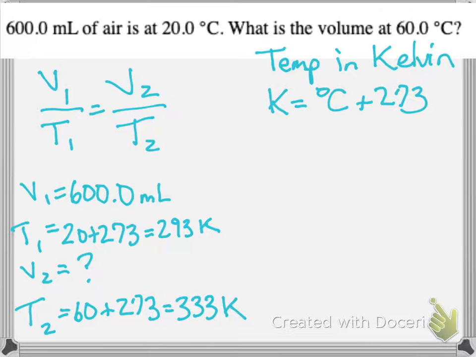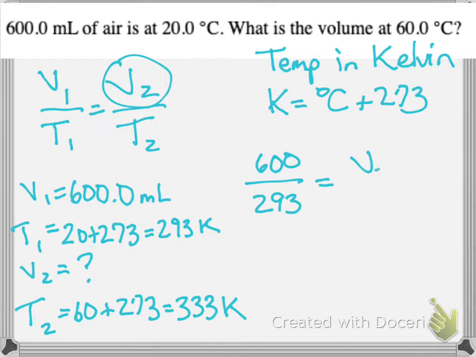And if we have a proportion here, two fractions, we're going to have to cross multiply to solve for whatever the unknown variable is. In this case, we're solving for V2. So let's go ahead and plug in these numbers and see where we're at. So 600 divided by 293 is equal to V2 divided by 333.